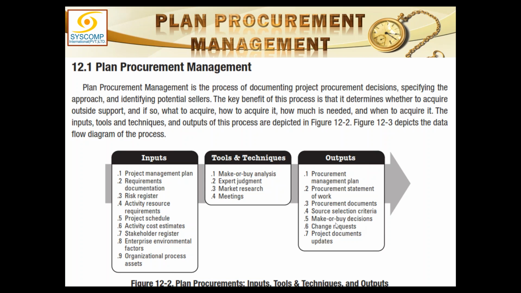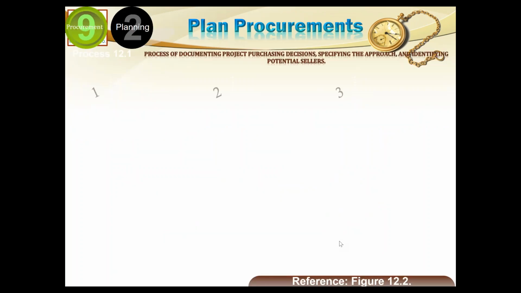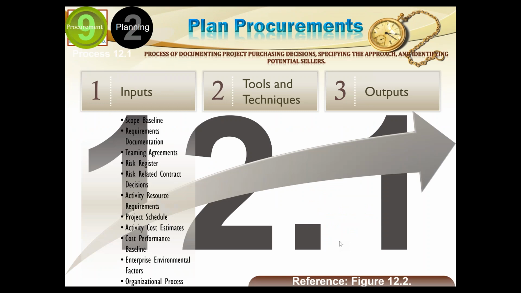If you talk in sequence: make or buy decisions. After that, we have done the statement of work. Then we created the procurement documents, and then we created the source selection criteria. Any change requests so far will be accommodated, and project documents could be updated.